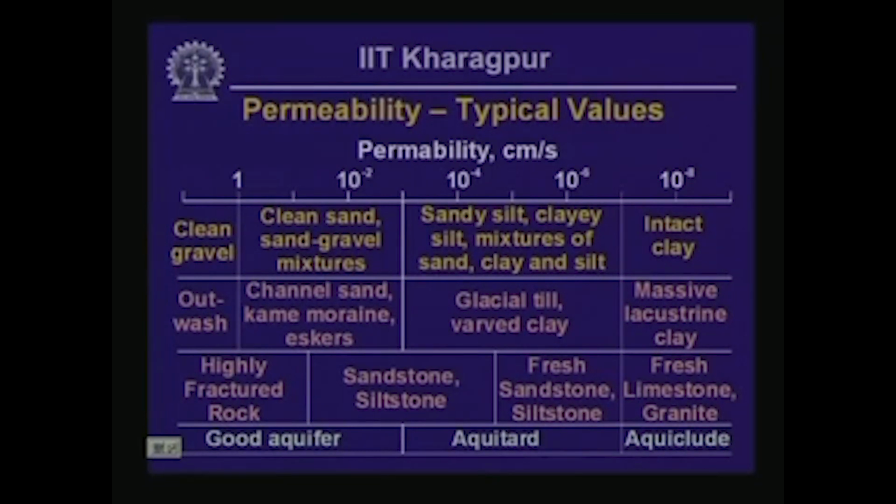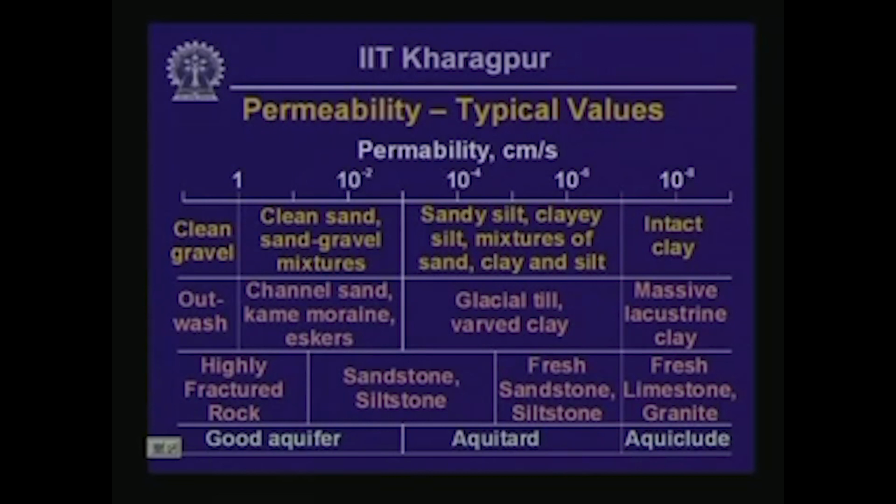Massive lacustrine clay is on the lowest scale, the most impermeable of all these geologic units we looked at here, with permeability between 10 to the power minus 7 and smaller than 10 to the power minus 7.